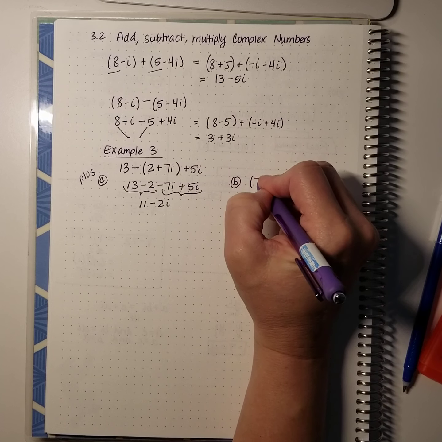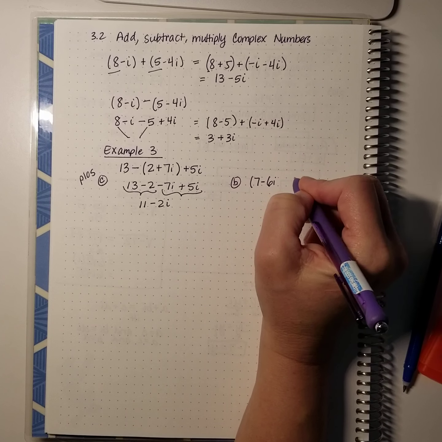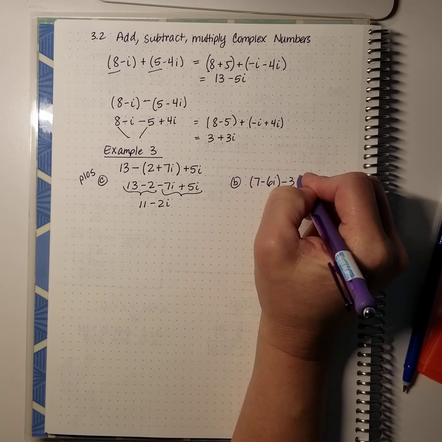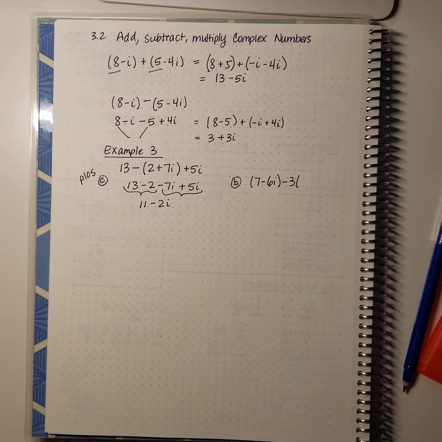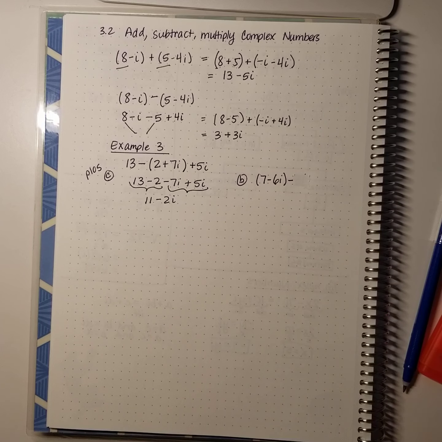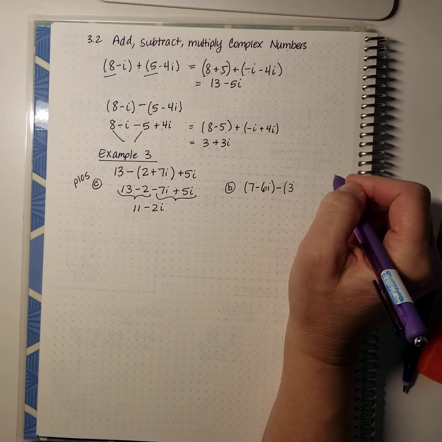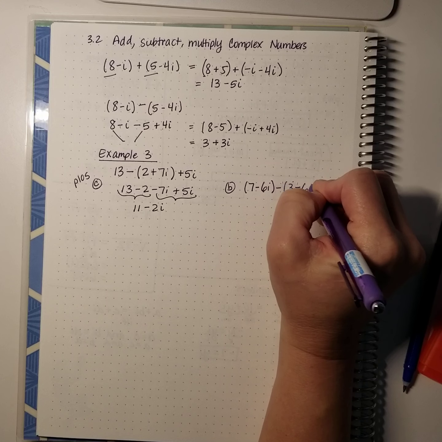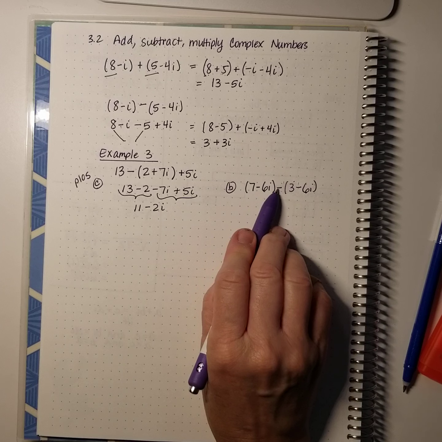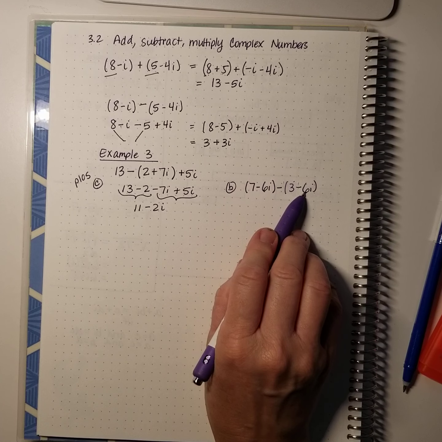And so that problem was 7 minus 6i minus, parentheses, 3 minus 6i. So you can see we've got a minus 6i, and this is going to turn to a positive 6i, so we'll have 0 i's.